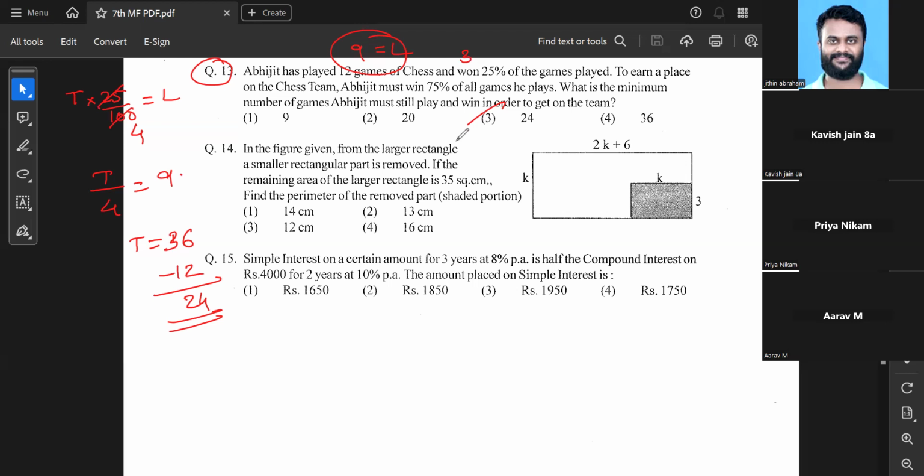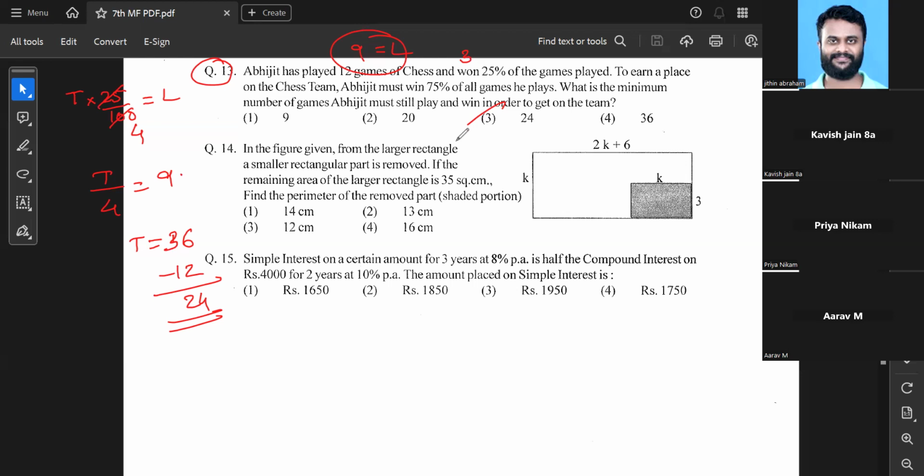What is x? x is the minimum number of remaining matches he must play. 3 plus x gives you the wins, and divided by 12 plus x, the total games, is equal to 75 upon 100. Yes, you can do that.